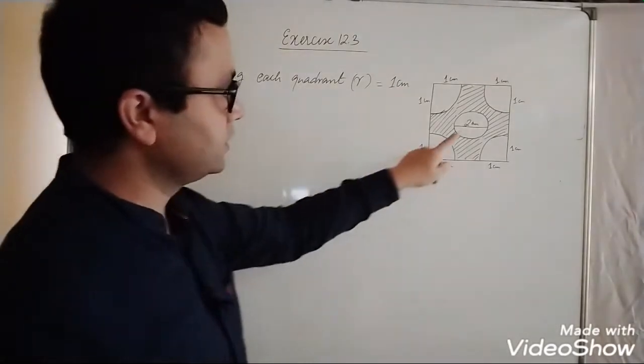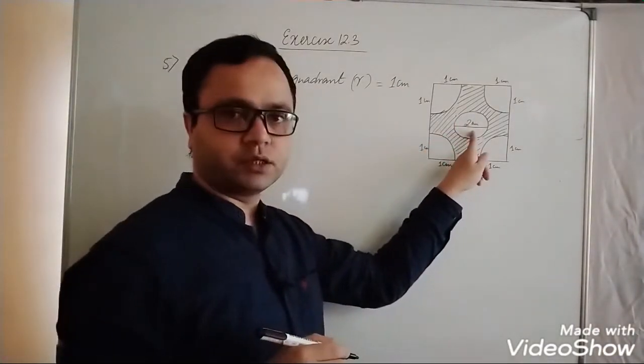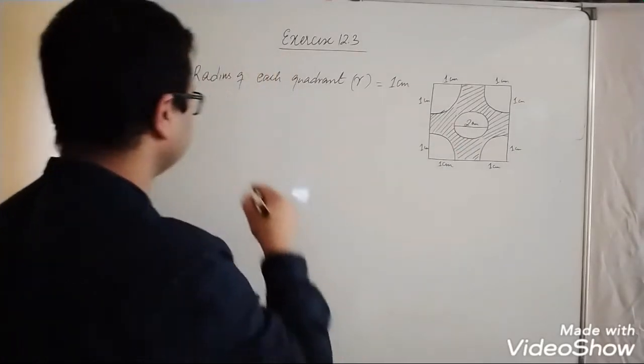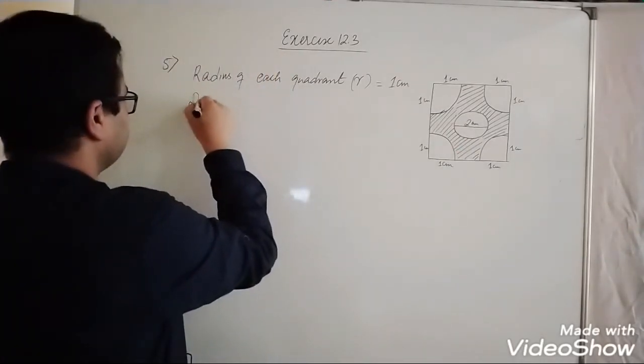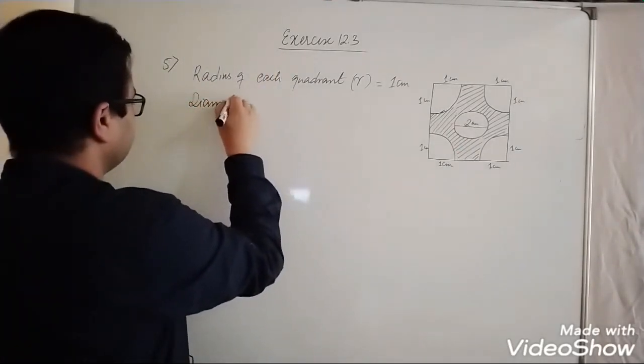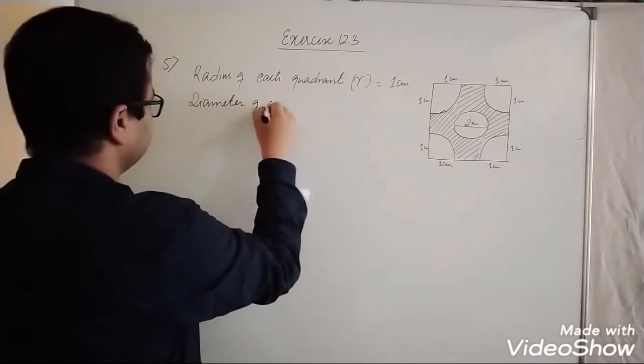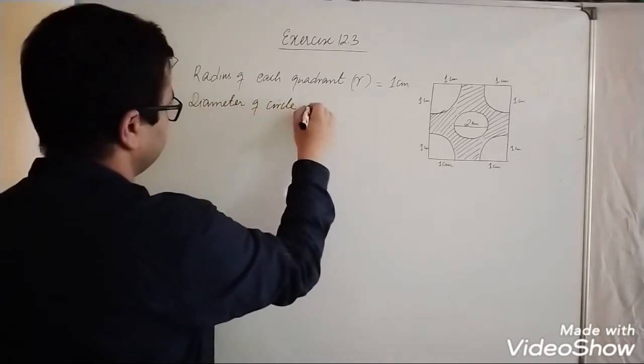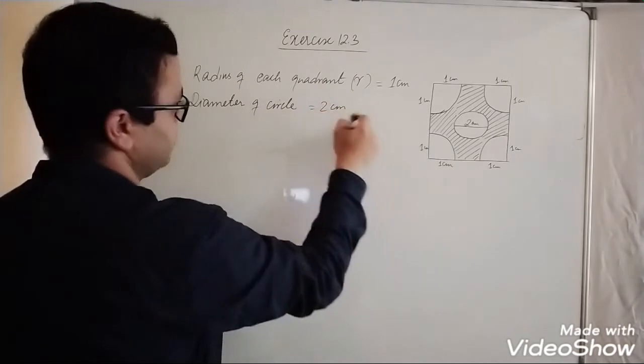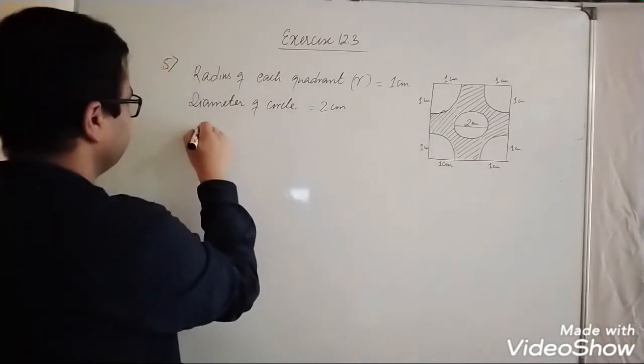And then what is the diameter of the circle? The diameter of the circle is 2 centimeter.